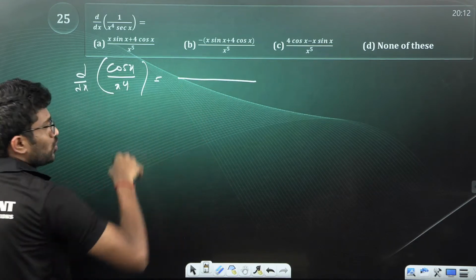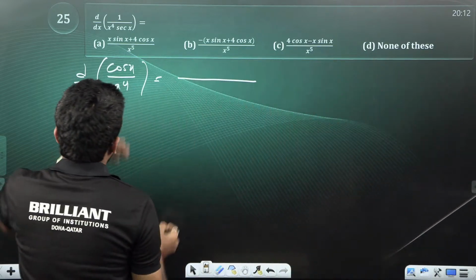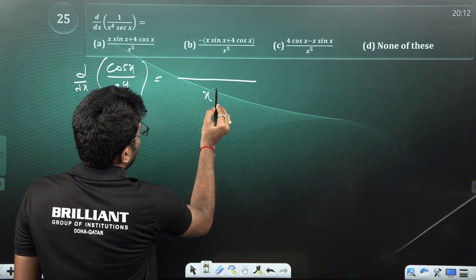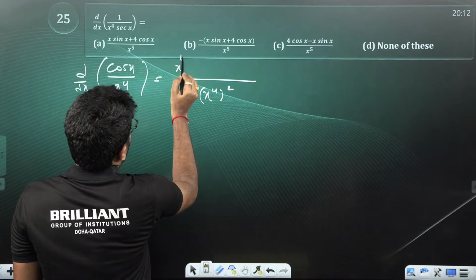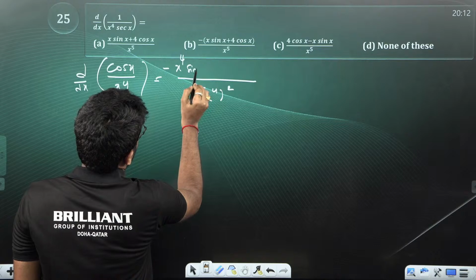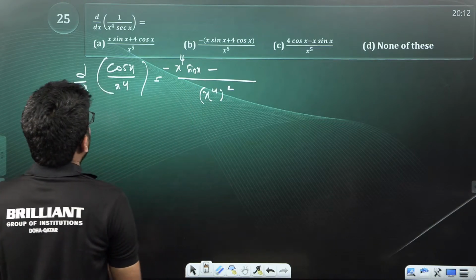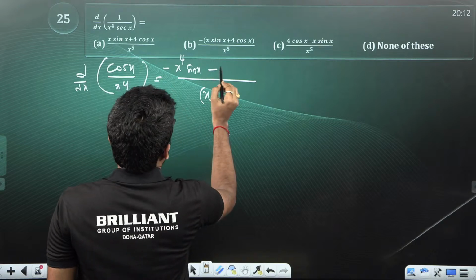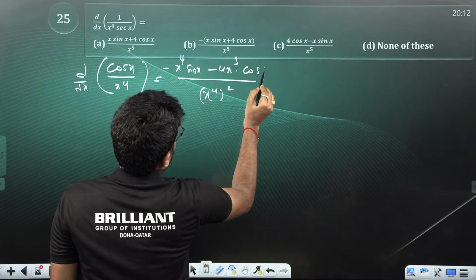Now use quotient rule, friend. Quotient rule states v square, x power 4 whole square, v into u dash, x power 4 into the differentiation of cos x, minus sin x. Yes, v into u dash minus u into v dash. U into v dash, for x power 4 it is 4x cube into cos x.